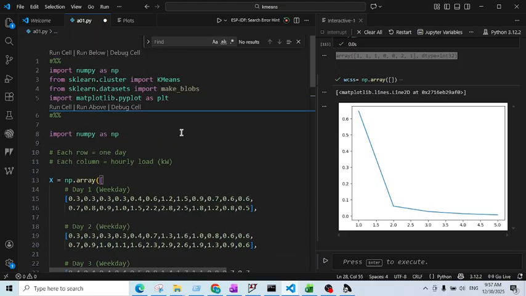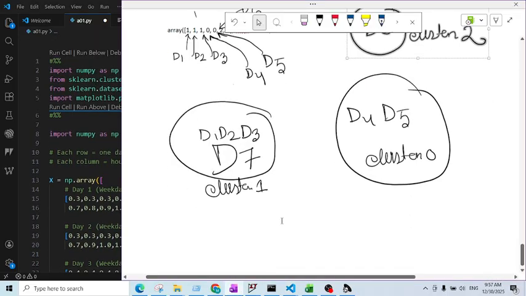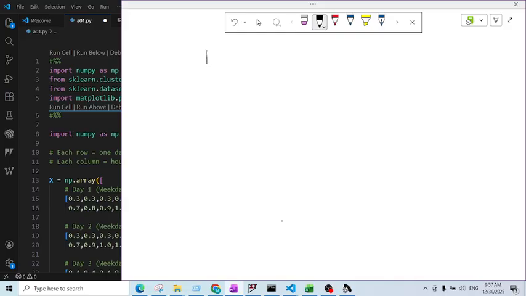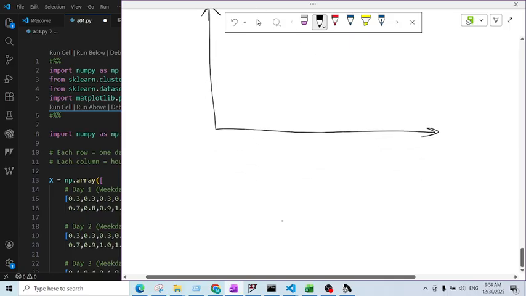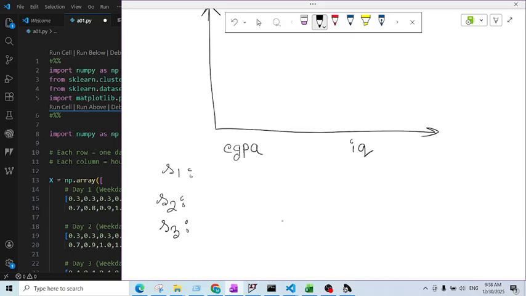So first let's work with k-means. Basically, what is k-means? Let me give you one example. Let's say you have some students, S1, S2, S3, and you want to take the CGPA and IQ data of the students.